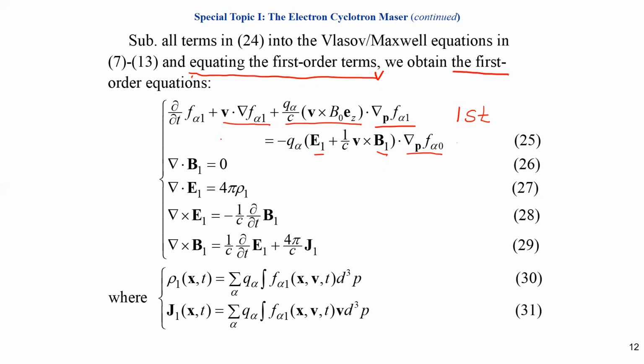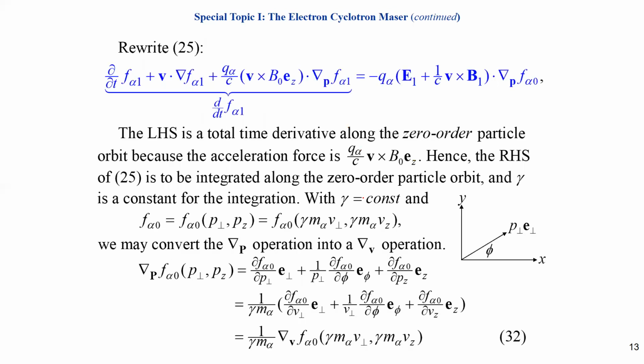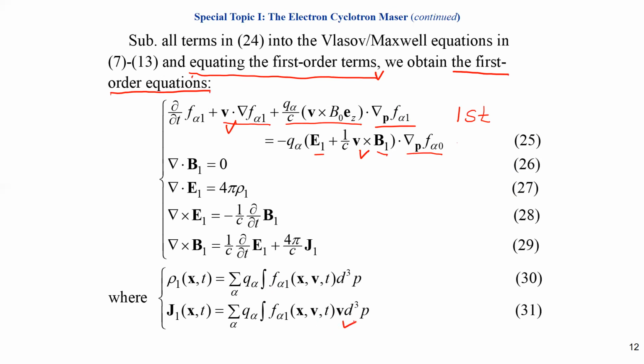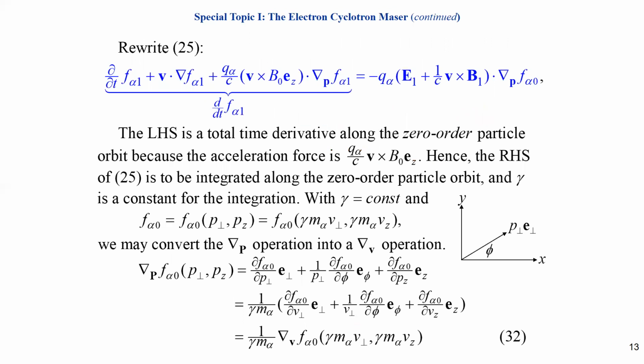The zero order equation is already correct, and the first order equations allow us to calculate V and X position and V. That's important because here we will use V again. To calculate V, you need the knowledge of X. So we can rewrite this equation into this form. That's the Vlasov equation, first order.